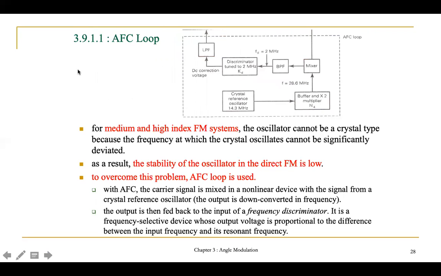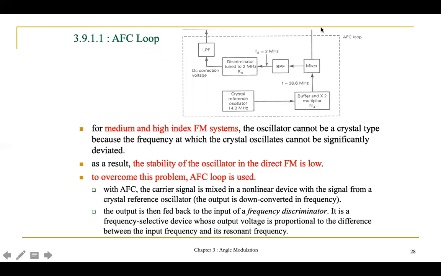So remember, for direct FM transmitter, we have the AFC loop. Why this AFC loop is very important is to overcome the problem of stability. Stated here, the stability of the oscillator in direct FM is low. That's why, to overcome the problem, the AFC loop is used.